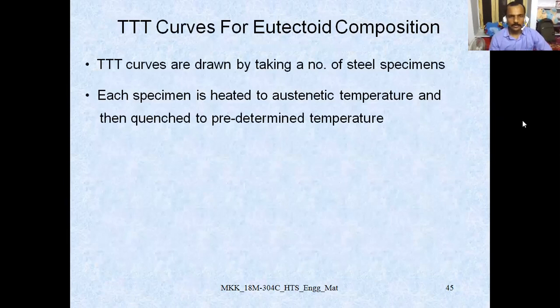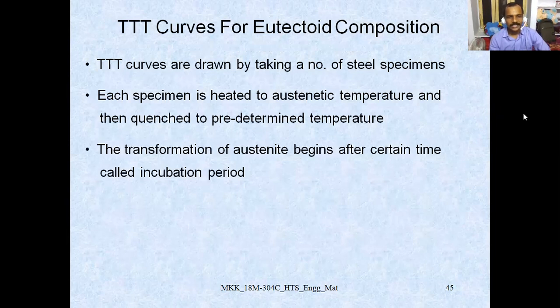Triple T curves are drawn by taking a number of steel specimens. Each specimen is heated to austenitic temperature and then quenched to a predetermined temperature. So each and every specimen is heated to austenitic temperature and quenched for a particular temperature. The transformation of austenite begins after a certain time known as the incubation period.